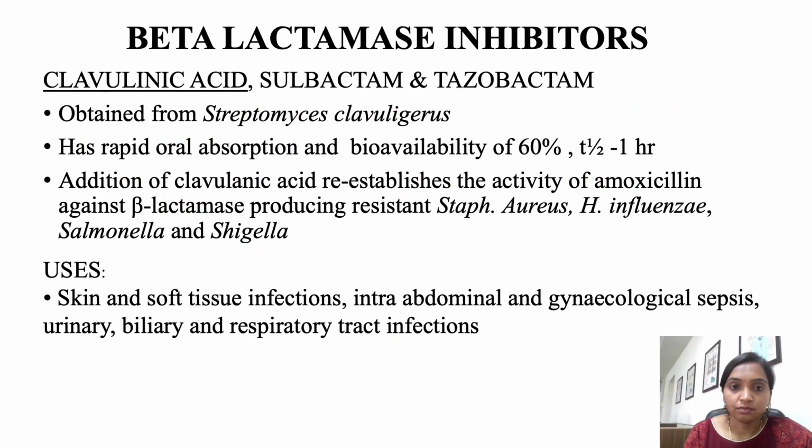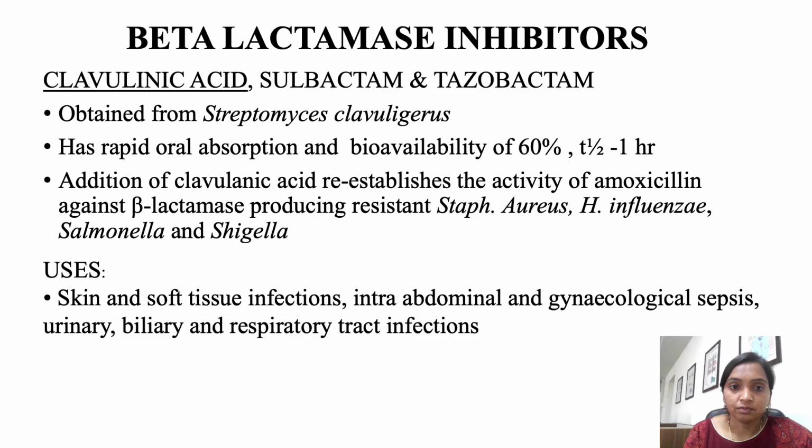The last part of this class is about beta lactamase inhibitors. As I already mentioned in the classification, some bacteria produce resistance by producing beta lactamase enzyme, which will destroy the beta lactam ring of this group of penicillins, which is the important ring for its activity.